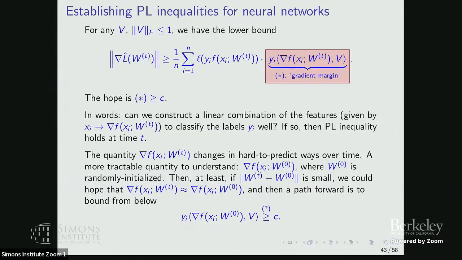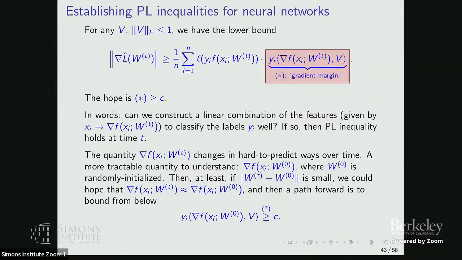And then you could argue that if you're at least staying close to the initialization, then these gradients at time t might look close to the gradients at time 0. So if you have some control over the gradients at time 0 that says there are good features at time 0, then maybe you could say something in some neighborhood around initialization where such a thing is still true.